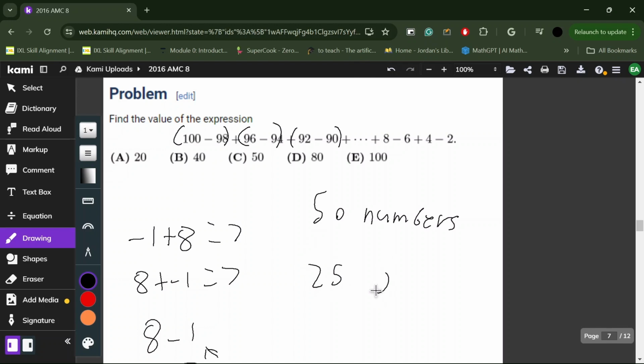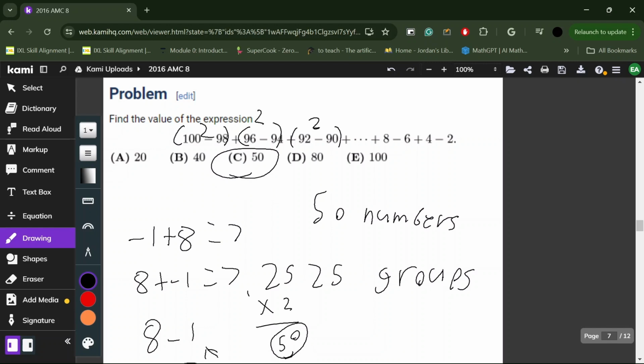So we have 25 groups. If each group is equal to 2, as you can see, 2, 2, 2, we can just multiply 25 by 2. And we will get 50. And that is our answer, C, 50.